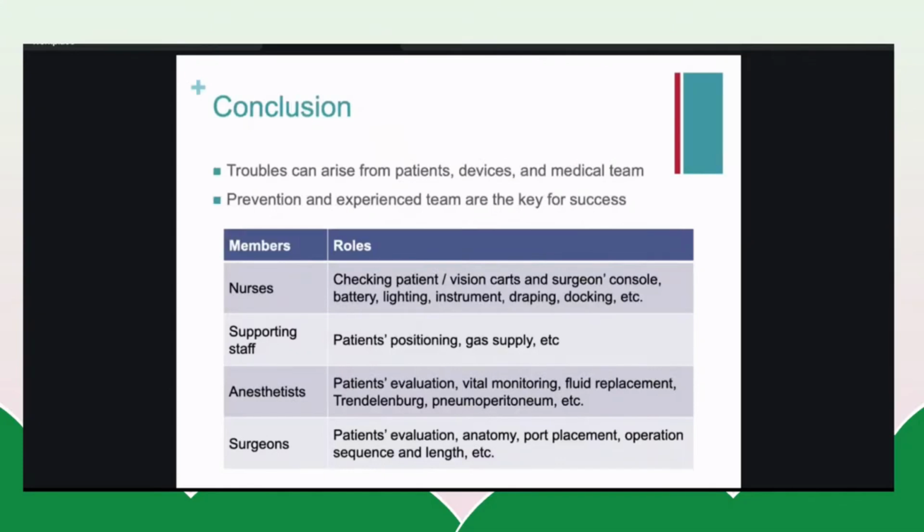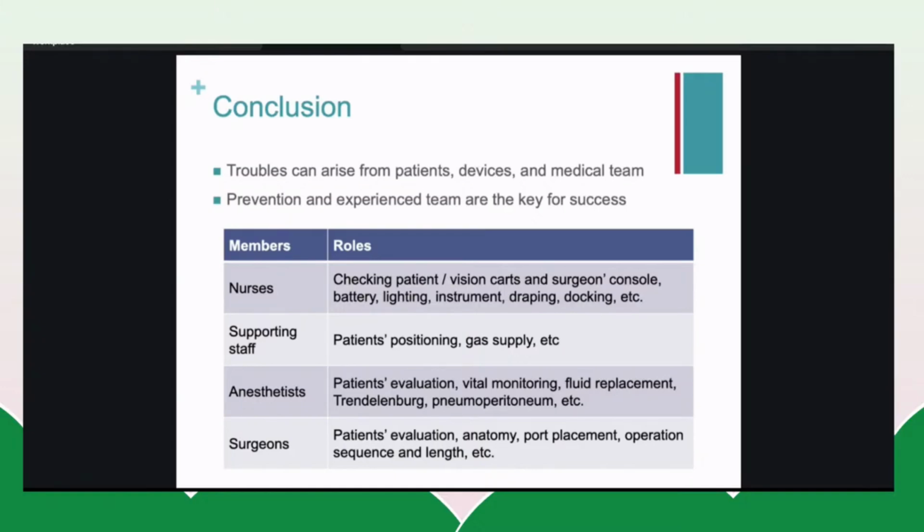So the conclusion is that troubles can arise from the patient, devices, and medical teams, and can also be related to the operation itself. Prevention and anticipation are the most important. Of course, we also need an experienced team, and different team members play different roles.